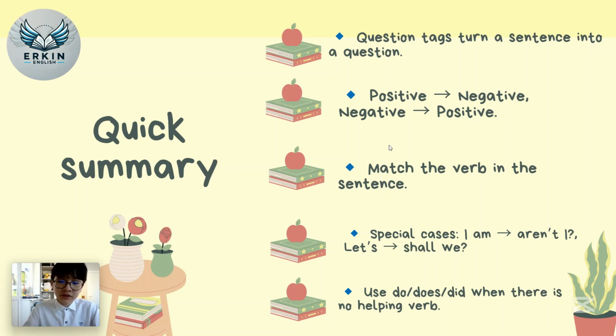Fourth, there are some special cases where words like I am turn into aren't I, and words like let's turn into shall we. And the last rule, I should say, use do, does, did when there is no helping verb in the main sentence.